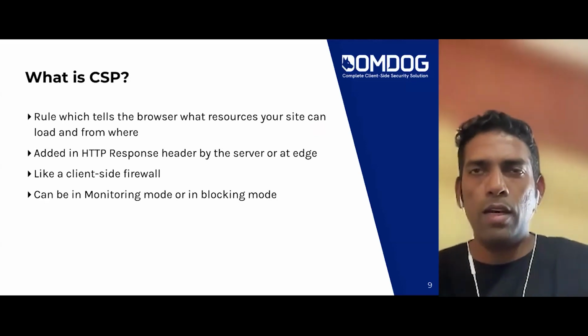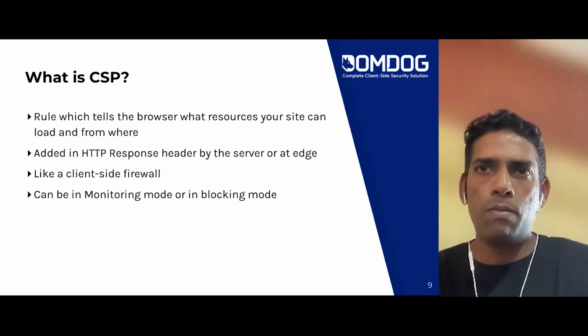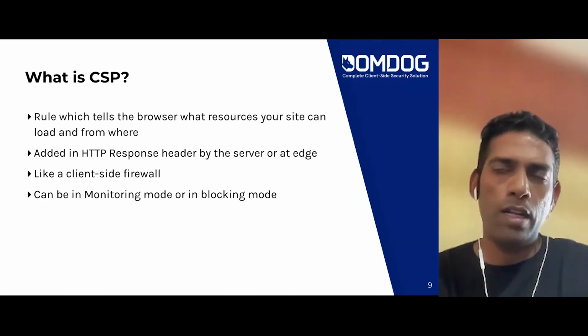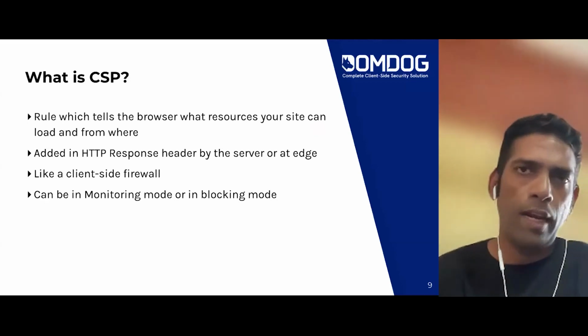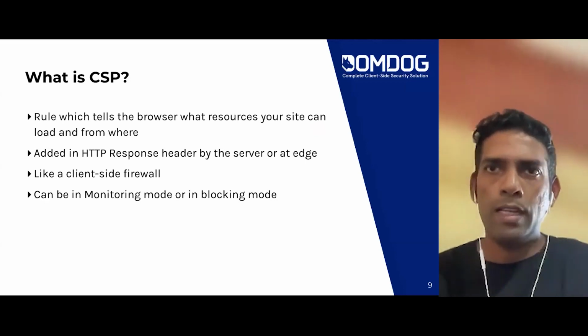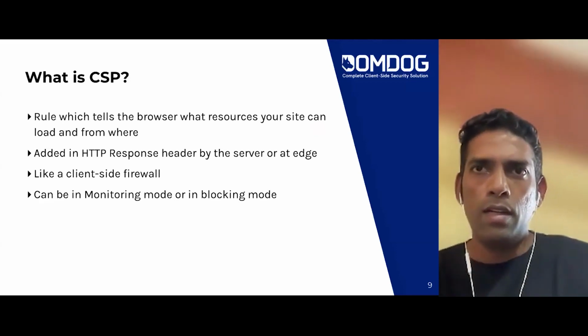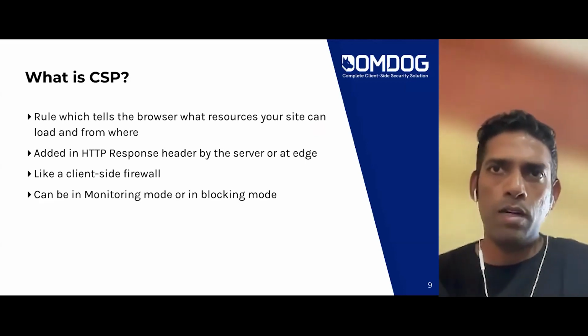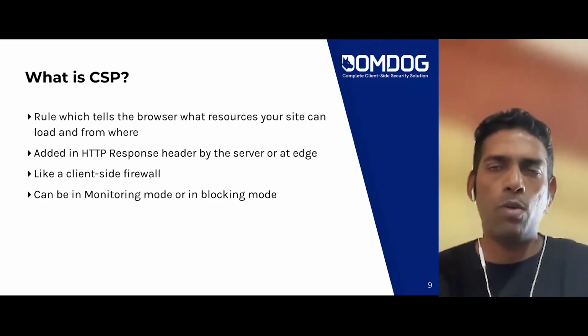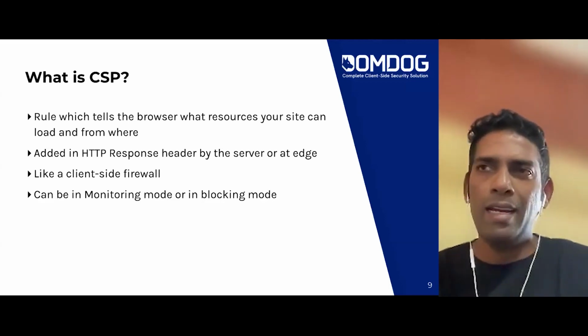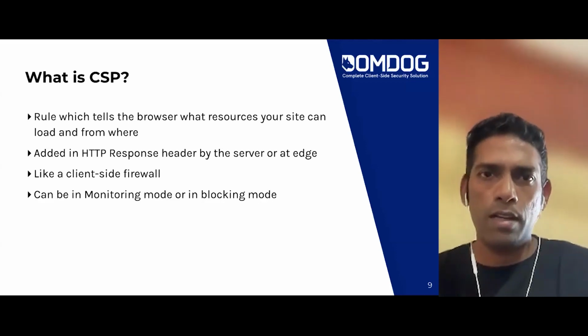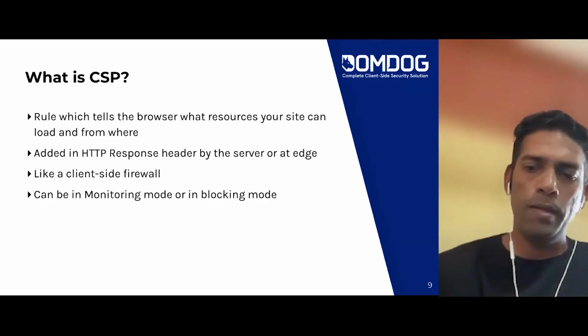If not, it would either block the resource from being loaded, or it would let the resource load, but it would create a report saying that, hey, this was a resource which the site wanted to load, but it is not part of your policy. So this is something you might want to investigate. So in a nutshell, that is what CSP is conceptually.